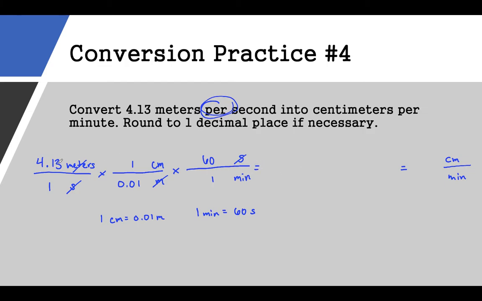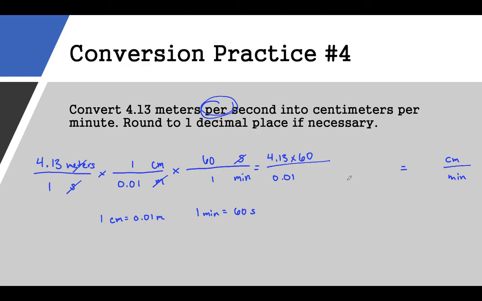So to solve this, I'm going to take everything at the top, 4.13 times 1, which is still the same, times 60, and divide that by 0.01. So if we plug it in together, 4.13 times 60, I get in my calculator 247.8.